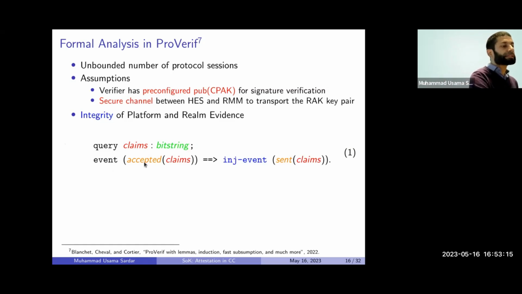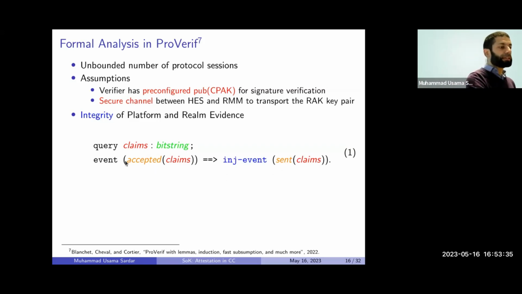And these events are then placed as at the point, the accepted event is placed at the point when the evidence was accepted as genuine. And the sent event is placed at the point when the sender sent its message.